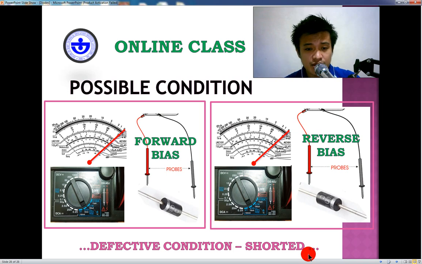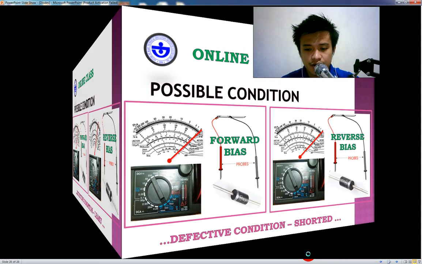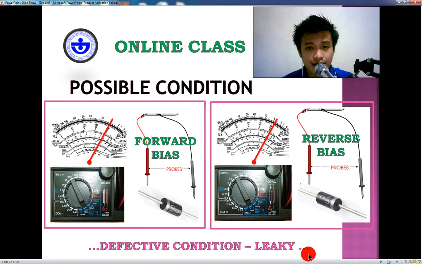It will always conduct current; it will now act as a conductor. Unlike the leaky, it will still allow the current to flow, but whereas the current you want should be positive, it will also allow negative current. So it means it is already leaky.